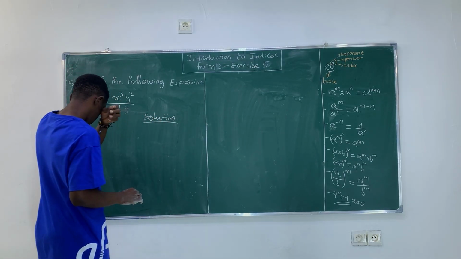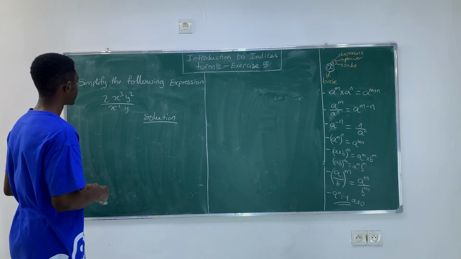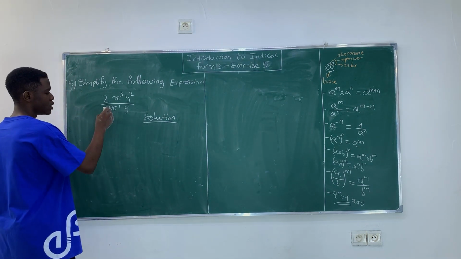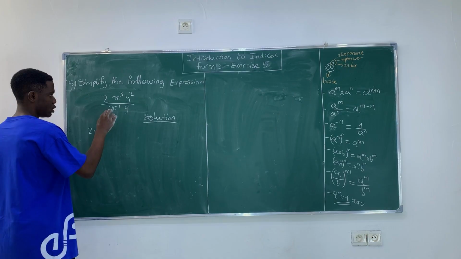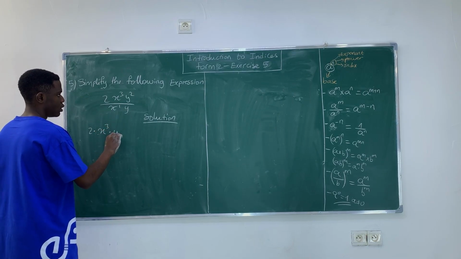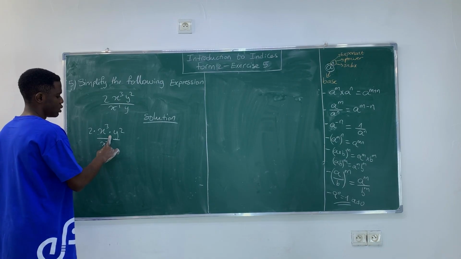I solve this. So when we see this, what do we do? Bring like terms together. So this is the same as 2 times x cubed times y squared over x to the power negative 1.